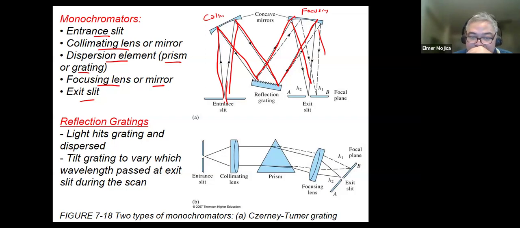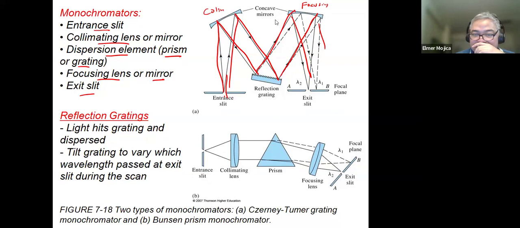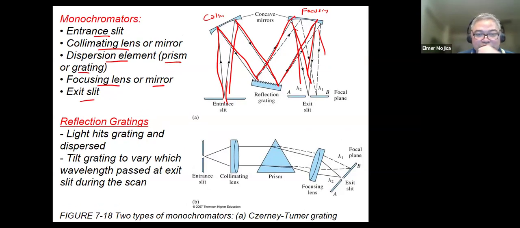It produces rays that will go to the exit slit, the one that you have here. So by that time, in the focusing, you already narrow the light that you have to a particular wavelength. Everybody got that? How the Czerny-Turner grating monochromator works?